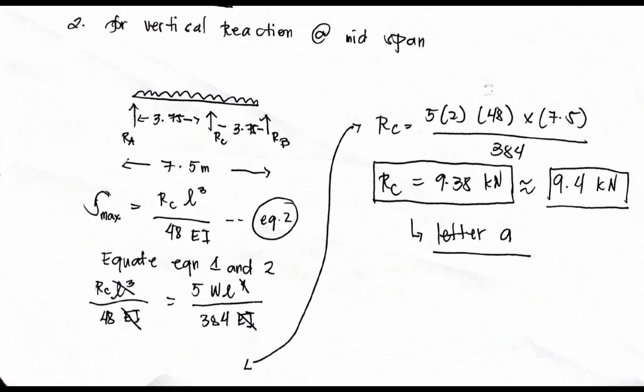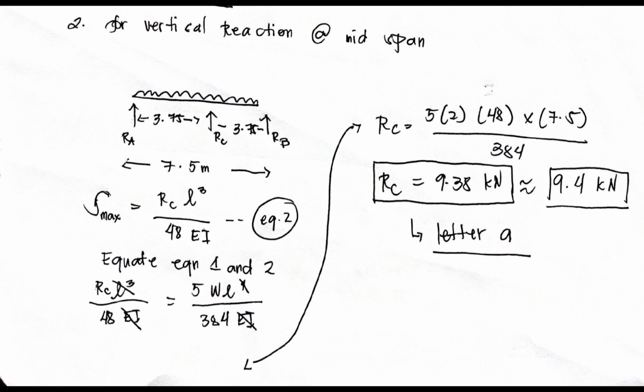Then we equate equation 1 from number 1 with equation 2. RC L cubed over 48 EI equals 5 WL to the fourth over 384 EI.